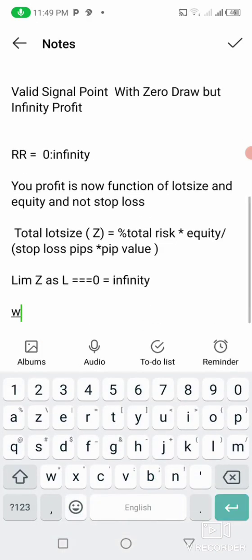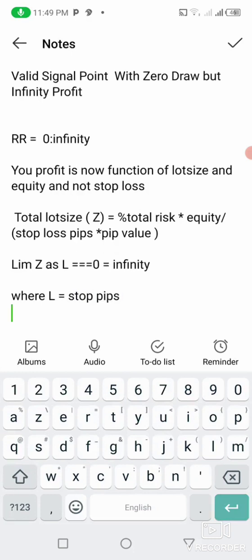Where L is equal to the stop loss pip. Now the question is, what is the stop loss pip? The stop loss pip is the number of pips the price has to go before you are stopped out, and this will be your entry price minus your stop loss price.